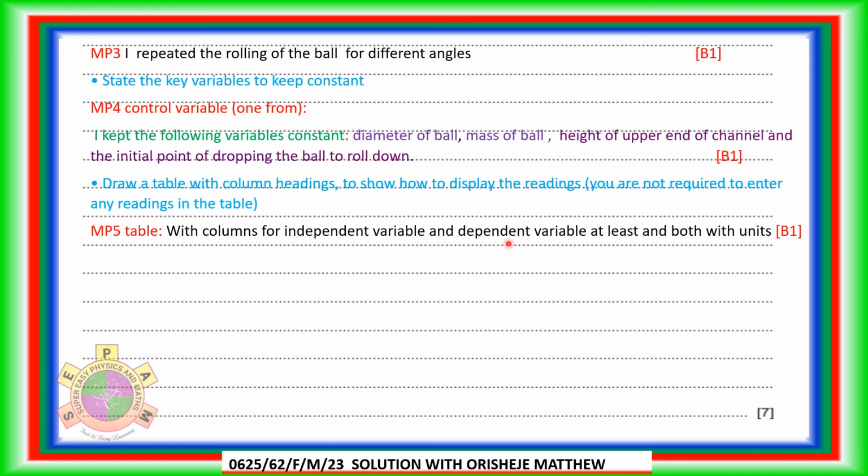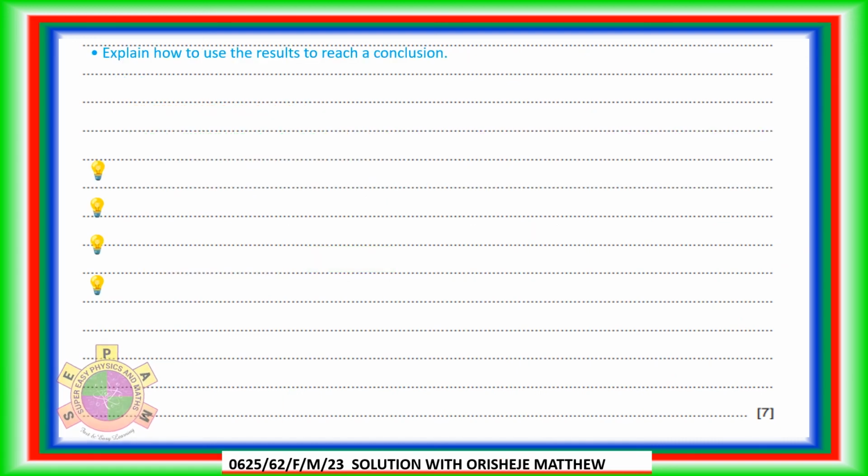Because we vary the angle, we will be able to measure the range. So in this particular experiment, the range is the dependent variable, while the angle of launch is the independent variable. So you have the angle measured in degree, then the range in centimeter. So for doing this, you have your 1 mark.